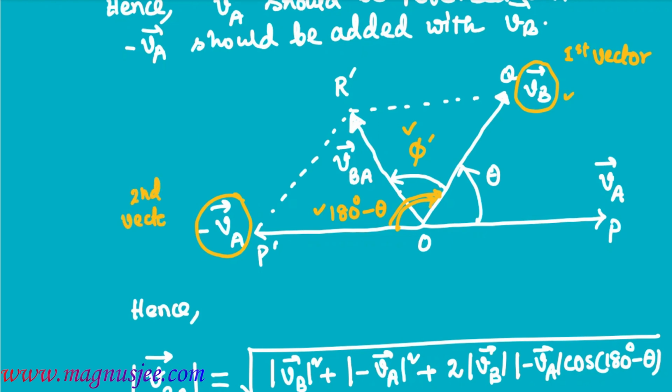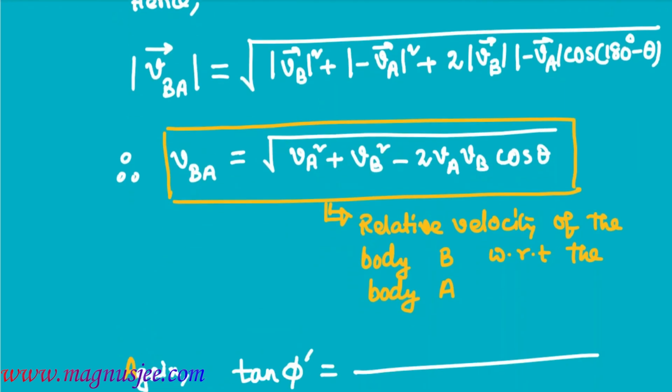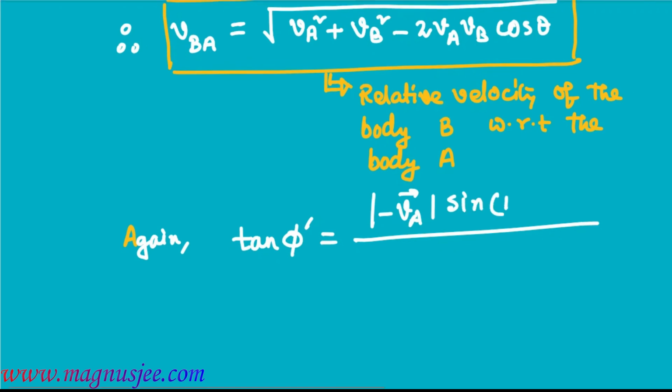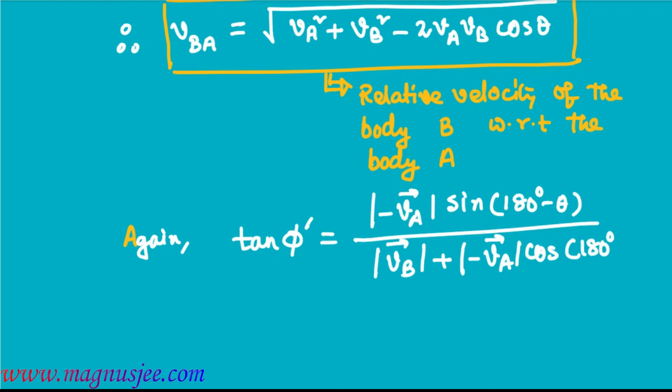In the expression of tan phi dash, we take the magnitude of the second vector times the sine of the angle between the two vectors, that is mod minus vector VA sine 180 degree minus theta, divided by mod vector VB plus mod minus vector VA cos 180 degree minus theta.